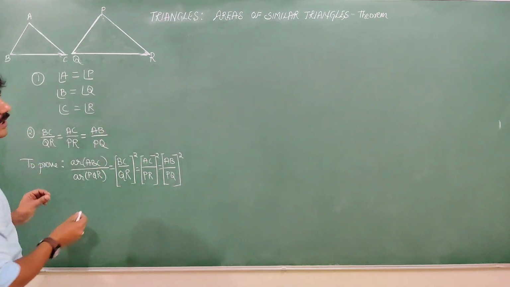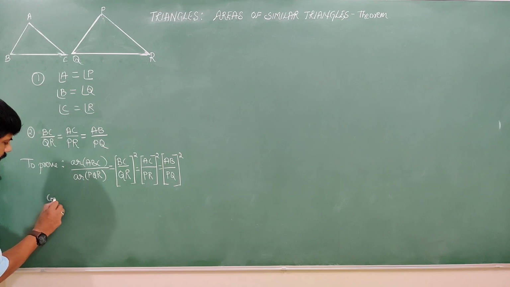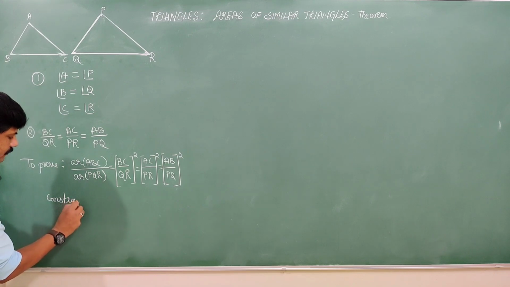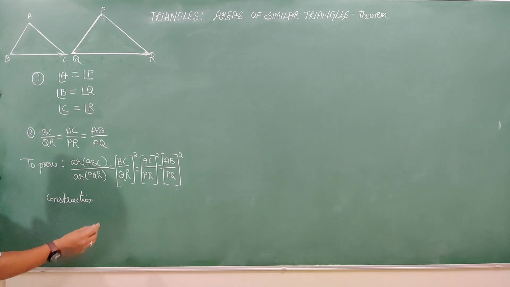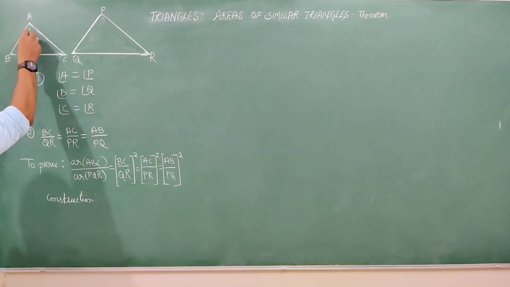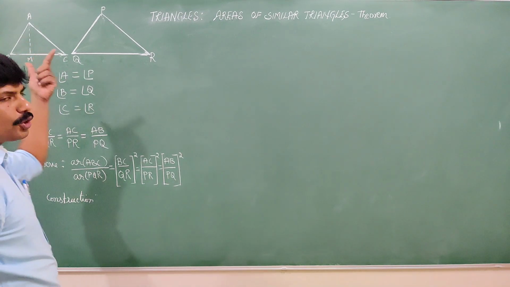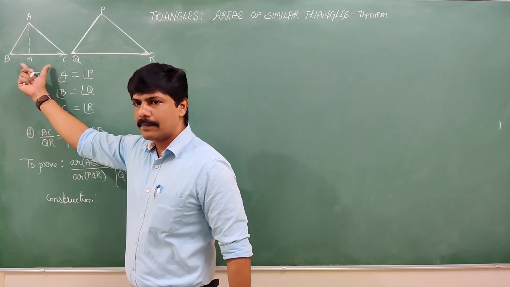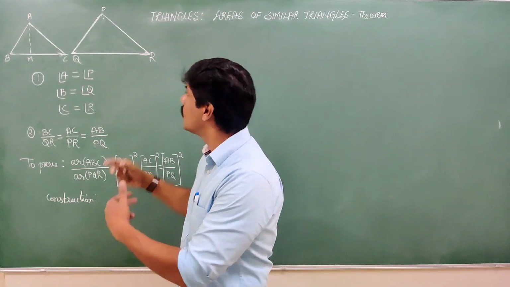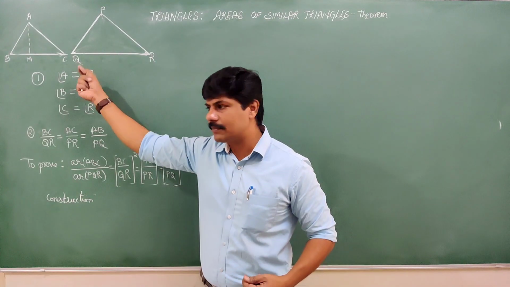We need to do some construction to prove this theorem. Draw AM perpendicular to BC. For the sake of convenience, to derive this particular theorem, we need to do some construction.